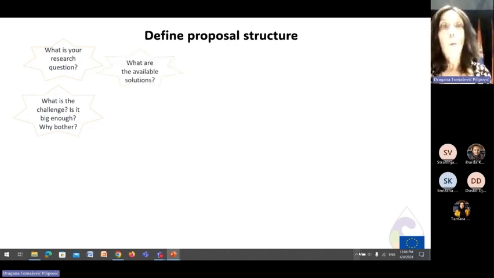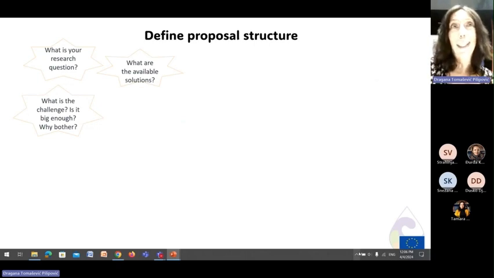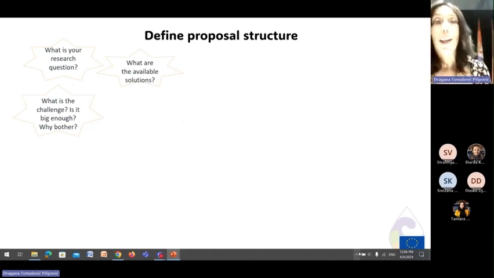Next, what are the available solutions? So you have to dedicate some time to see what other people are doing in the field of research you are interested in, right? Why? Because nobody's going to give you money if someone else has already done what you want to do, of course. So you have to be updated.